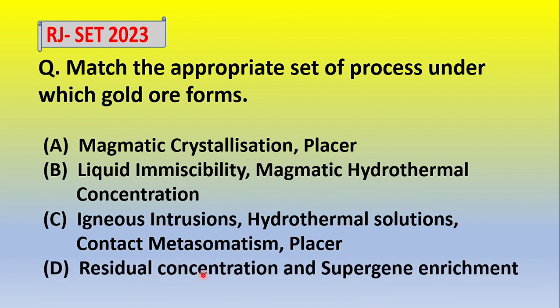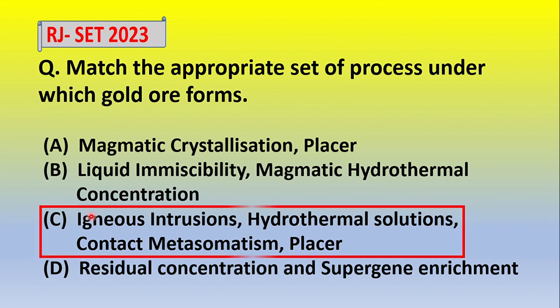Option D, residual concentration and supergene enrichment. So which one is the correct answer? Which set of processes represents the formation of gold? Correct answer is C. Igneous intrusion, hydrothermal solution, contact metasomatism and placer.